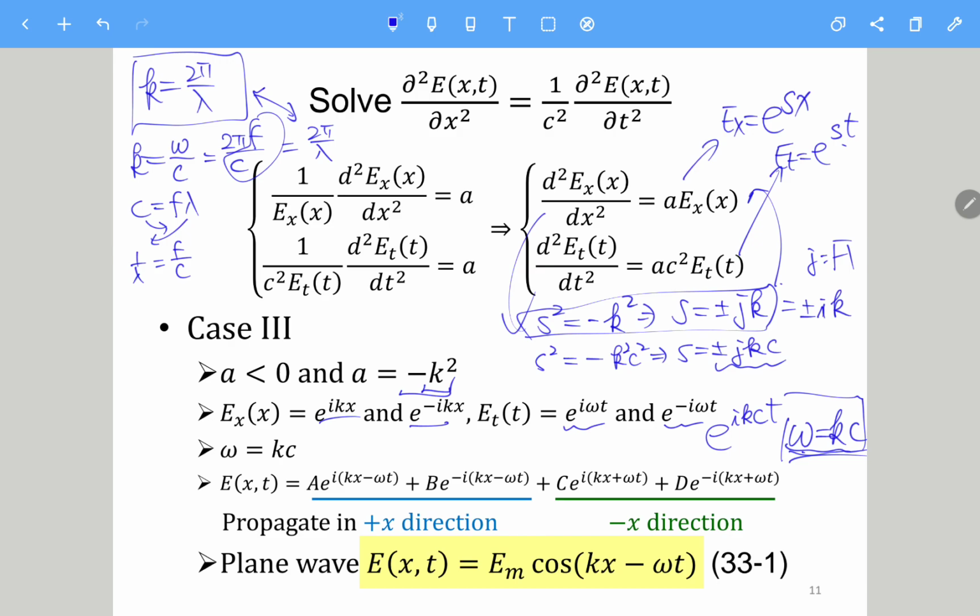But actually we can just say we have a prime exponential to ikx plus b prime exponential to negative ikx, times c prime exponential to i omega t plus d prime exponential to negative i omega t, something like that.